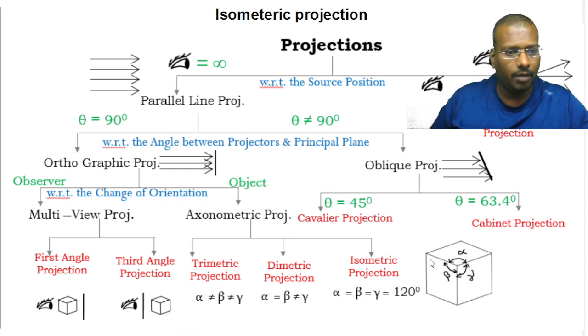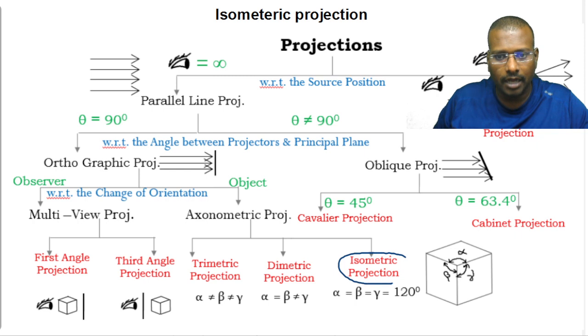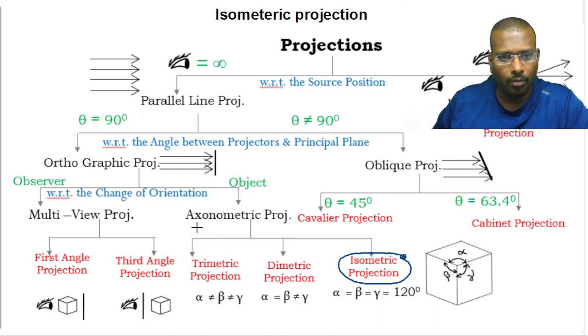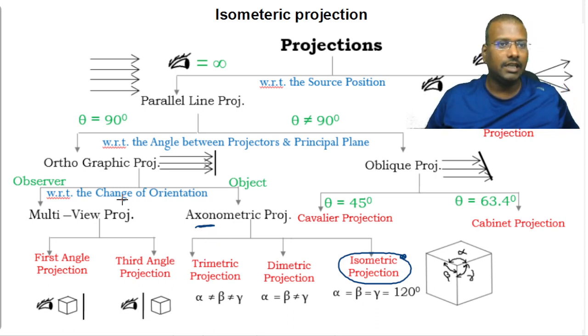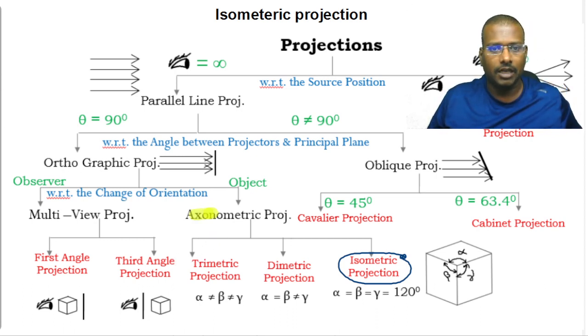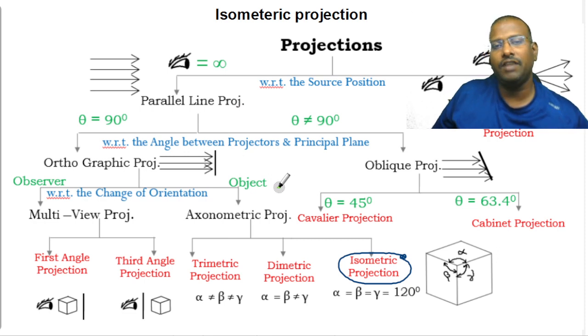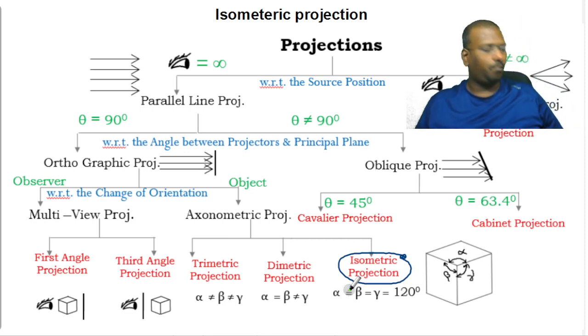Isometric projection comes under axonometric, which is a part of orthographic. Orthographic can be obtained whenever the rays are parallel to each other, and this is given as a classification of projections.